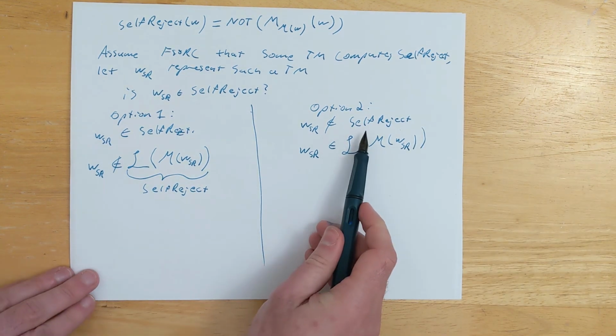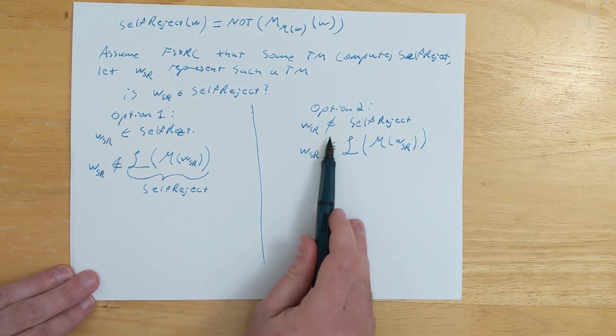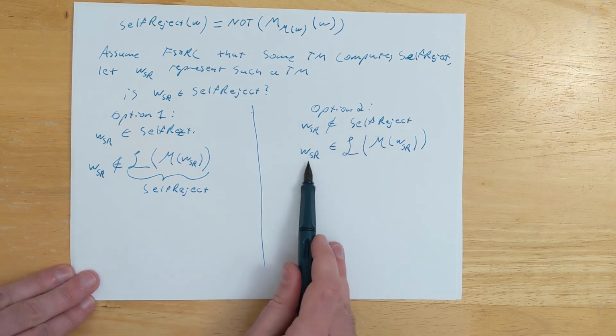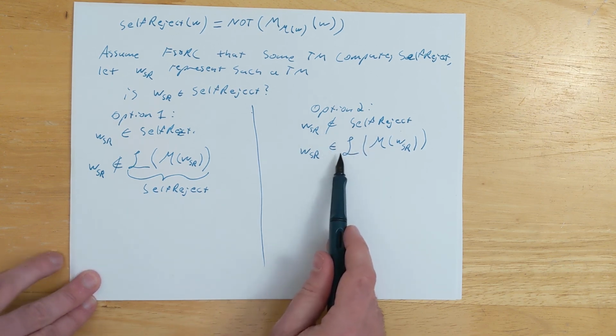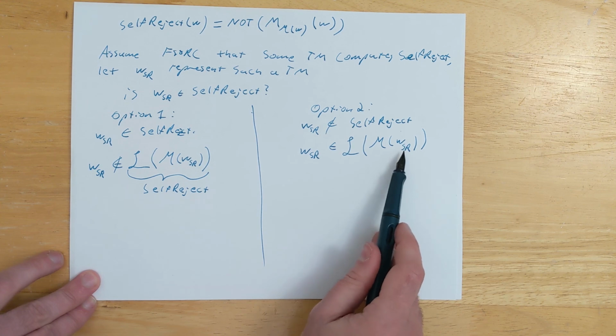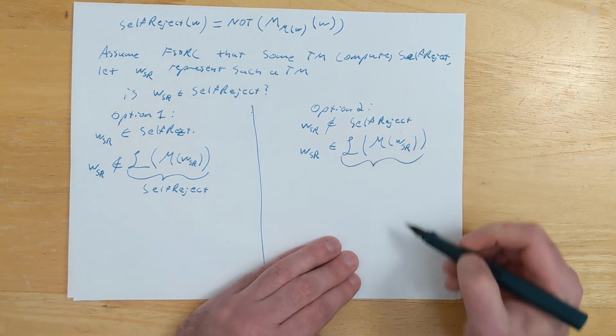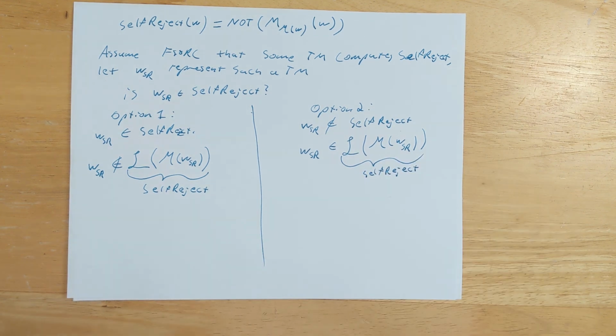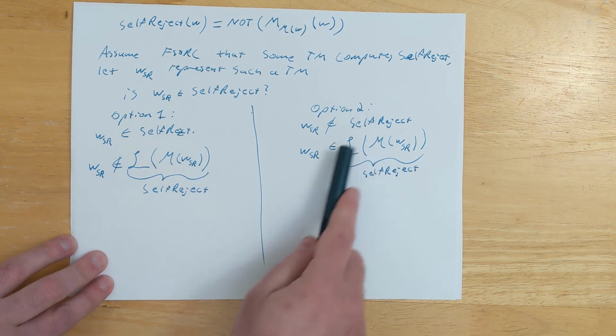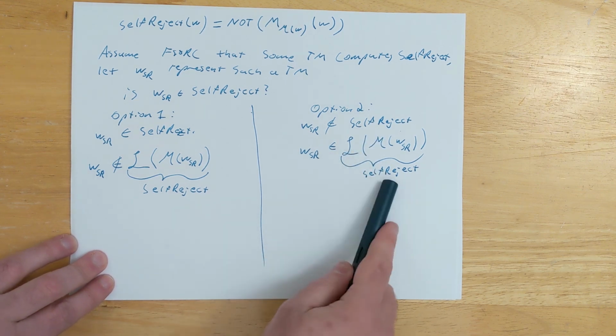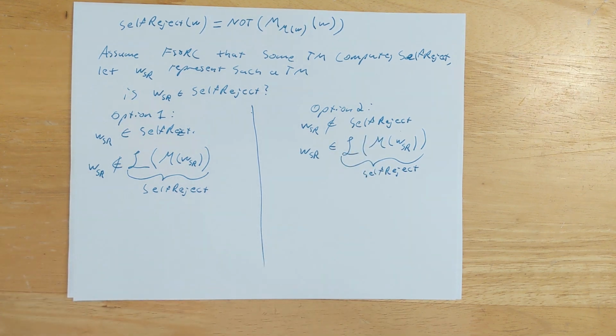Because of the definition of self-reject, if WSR does not belong to self-reject, it must have belonged to the language of the machine WSR represented. But once again, that language was itself self-reject. So if WSR does not belong to self-reject, then WSR must belong to self-reject, which is another contradiction.